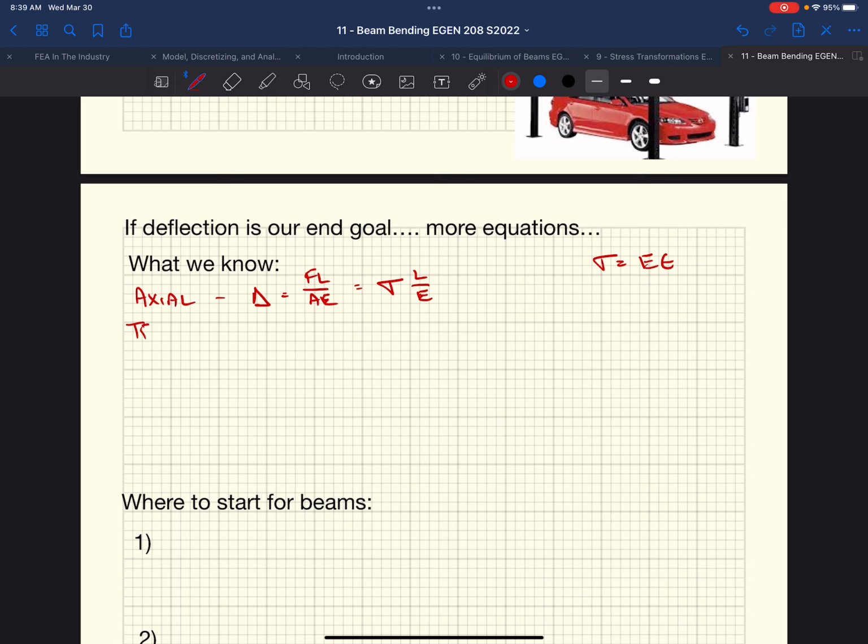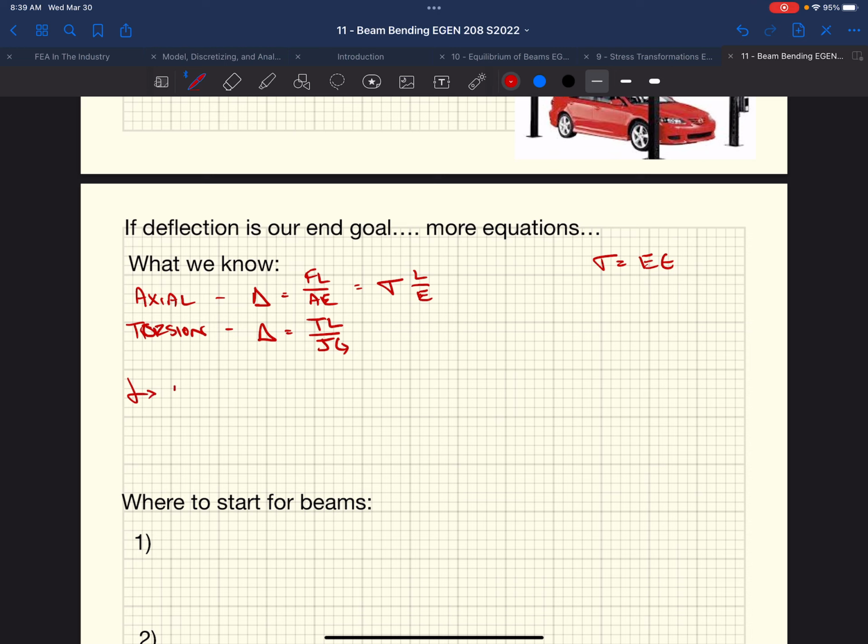If we did torsion, we have T L over J G. Similar concept, we use the Hooke's law version for shear. And what are these?